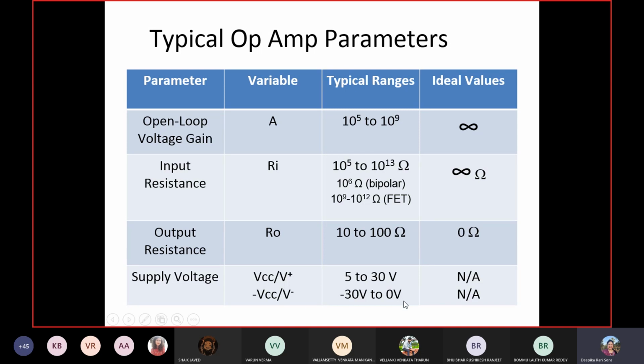Beyond the range, if we give the supply, the output voltage will become saturated because of the combination of gain and input voltage. The operating voltage itself is 0 to 30 volt. If you give the supply and calculate the output, we can see practically how it gets saturated.